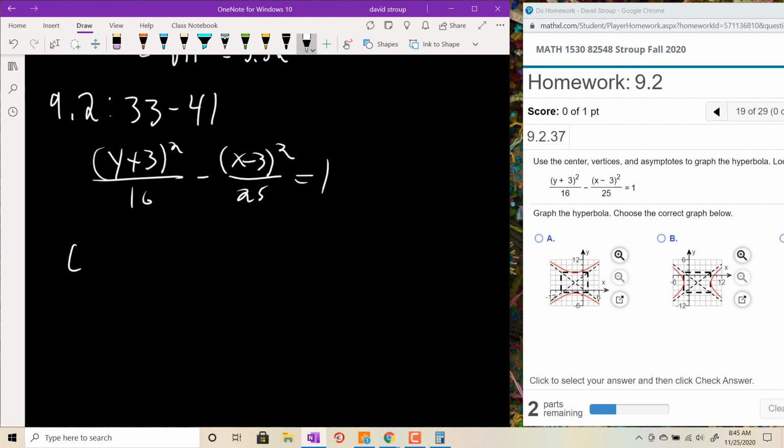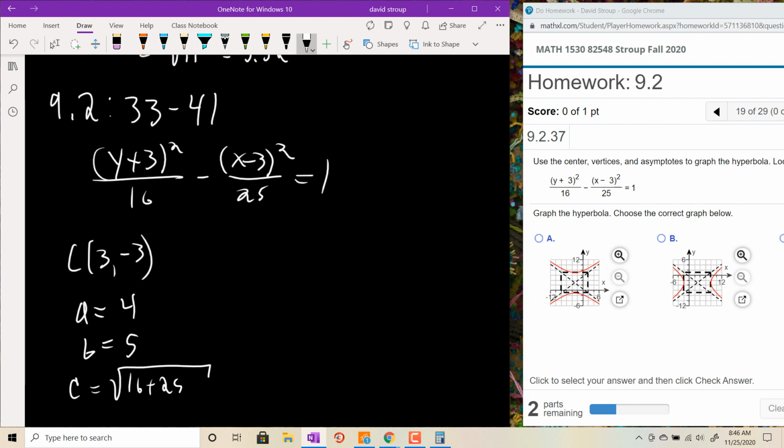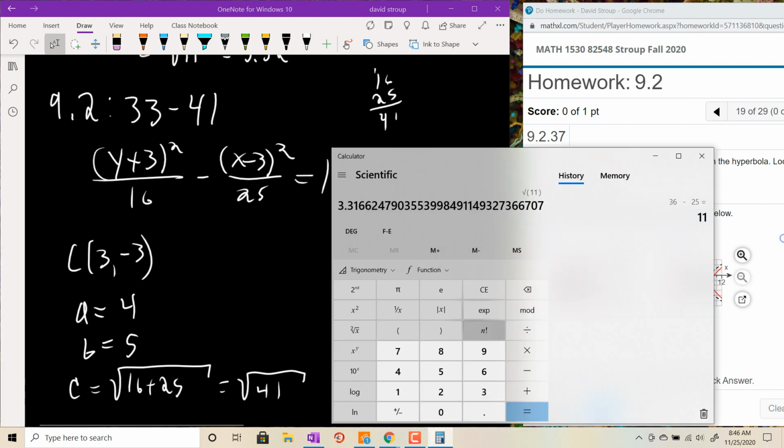The center, of course, is at (3, negative 3). And then I need my a, b, c values. So a is whatever's with the leading term, the non-negative term, and the y part is non-negative this time. So a is going to be 4, b will be 5, and then c is the square root of the sum of those two, square root of 41, and then get an approximation for that.